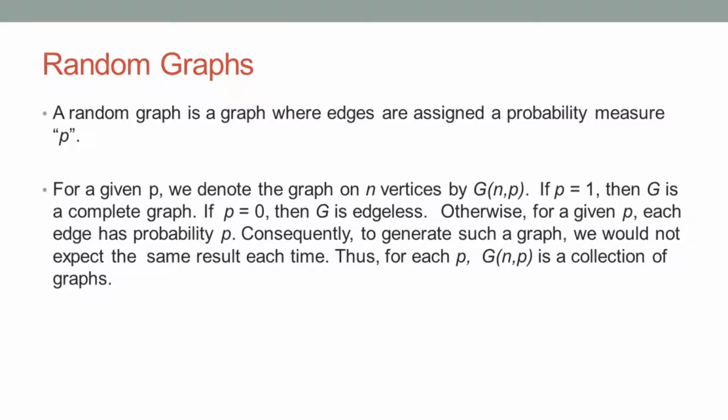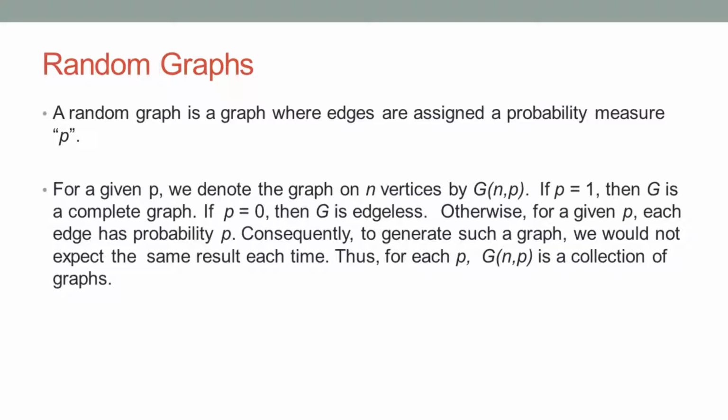Now, for a given fixed p, the graph G(n, p) is not unique. For example, if p is 0.5, each edge has a 50-50 chance of being there. So if you generate it once, and then you generate it again, you would not necessarily get the same graph.